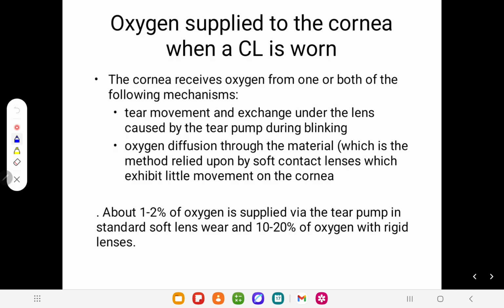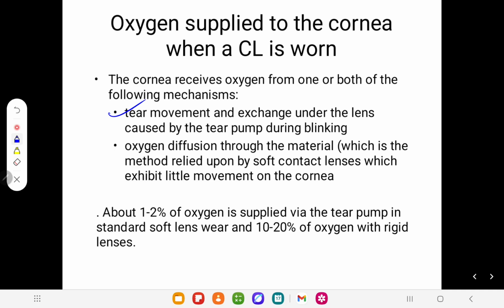So oxygen supplied to the cornea when a contact lens is worn, what are the things that matter for the supply of oxygen whenever you are wearing your contact lens, and that's really important clinically. Okay, the cornea receives oxygen from one or both of the following mechanisms. See what the mechanisms are.